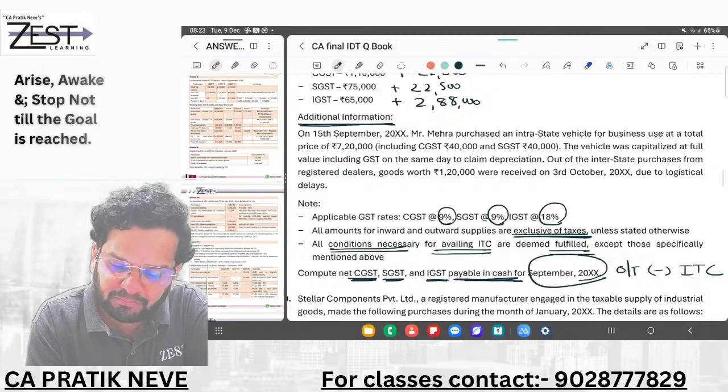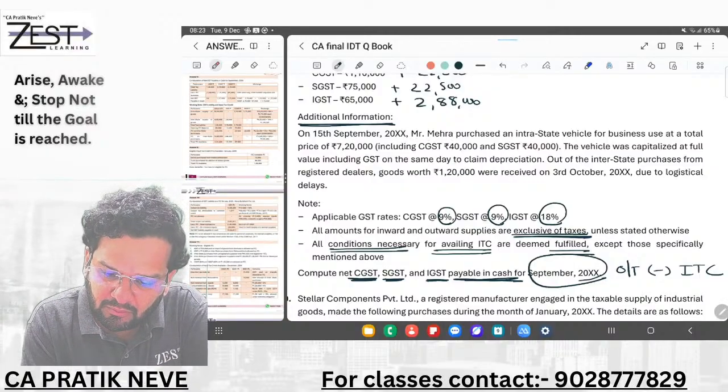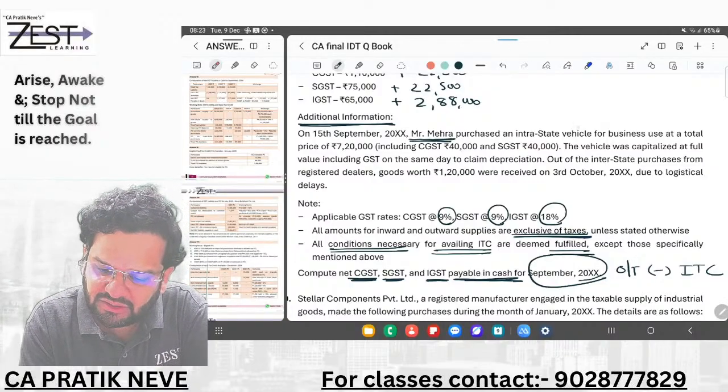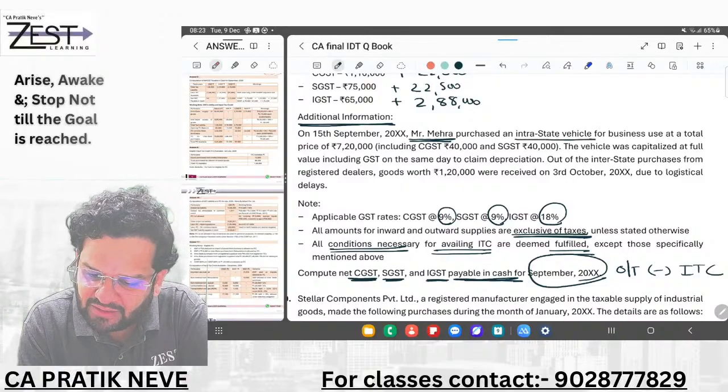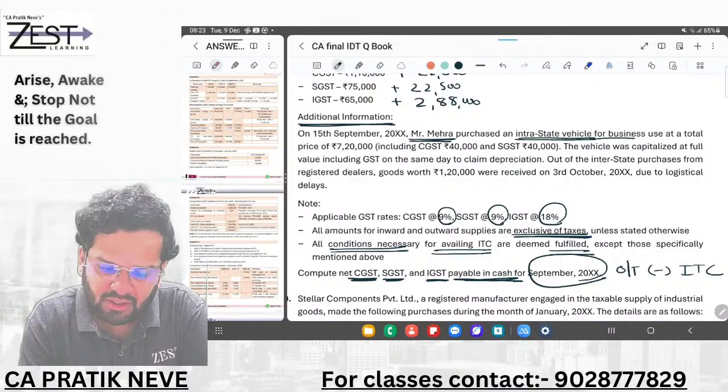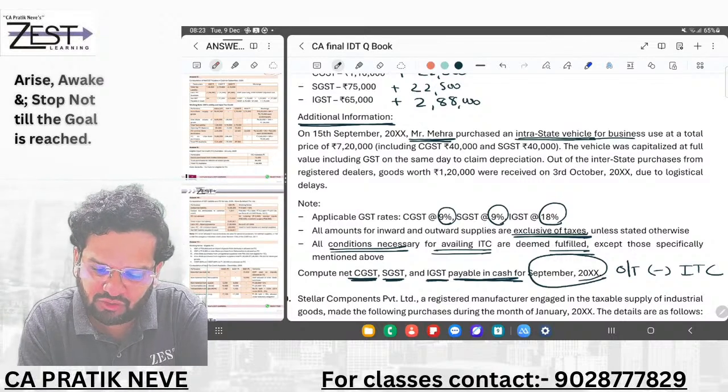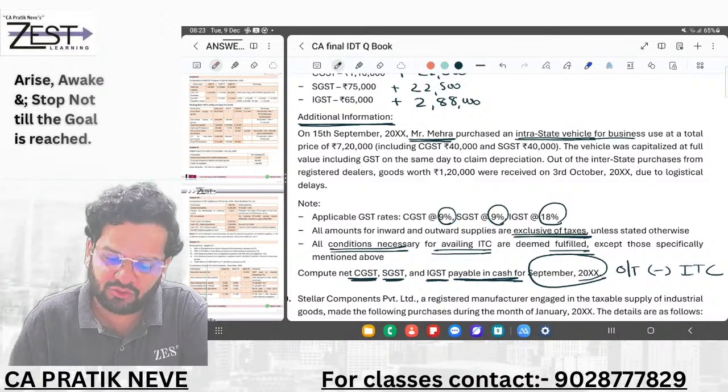On 15 September, Mr. Mehra purchased an intrastate vehicle for business use at total price of 7,20,000, in which CGST is 40,000, SGST is 40,000.